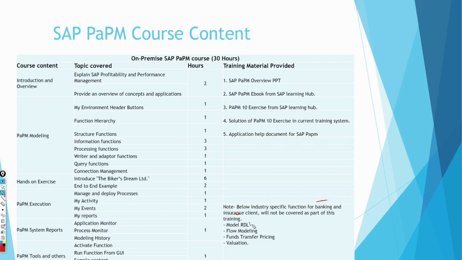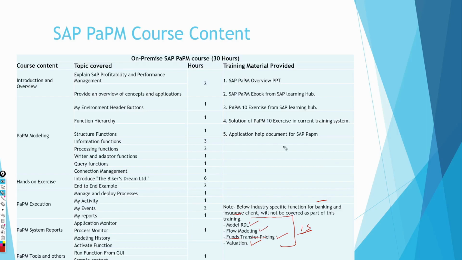For example, model RDL, fund modeling, fund transfer pricing, like when insurance and banking companies transfer funds from one company to another. Then there is evaluation also. These are the functions which are industry specific, and they will not be covered in this training. These are the limitations, because I will be covering from the PAPM perspective only.